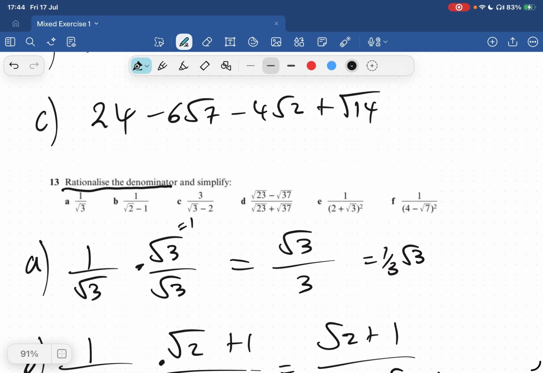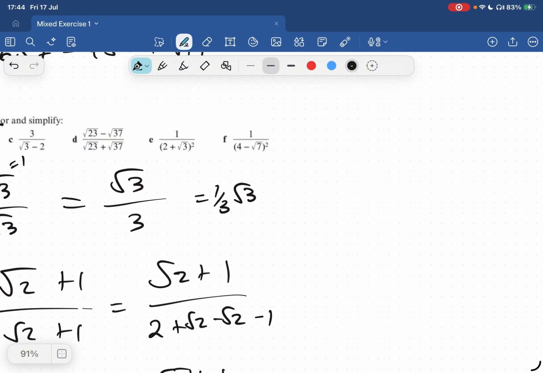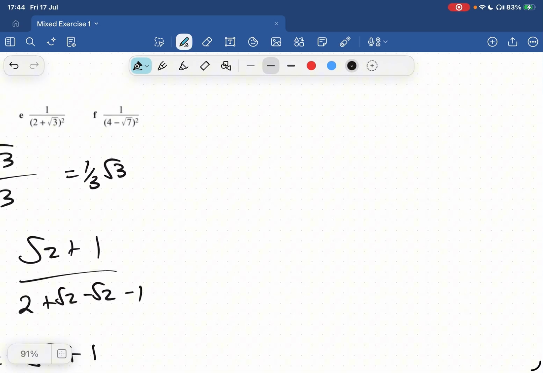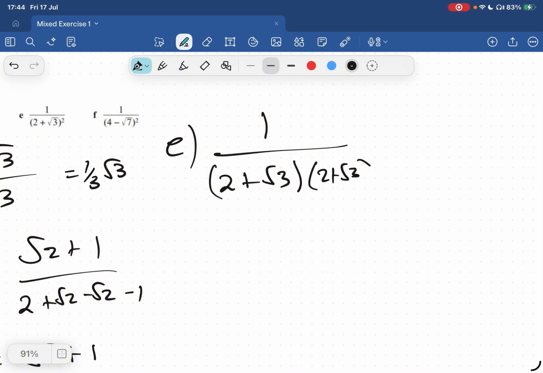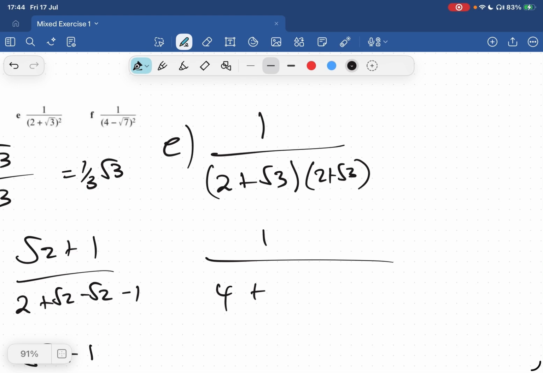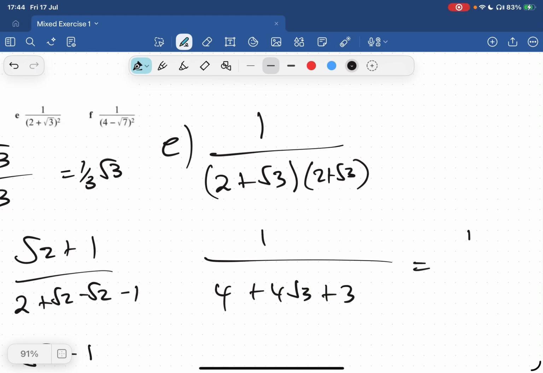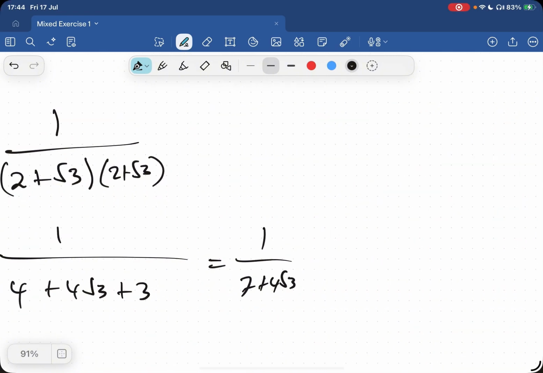Now we need to look at E. I'm going to do it across the side here. So we have 1 over 2 plus root 3 squared. Let's expand that fully. So 4 plus 4 root 3 plus 3, which equals 1 over 7 plus 4 root 3. And now we do the exact same rationalizing.